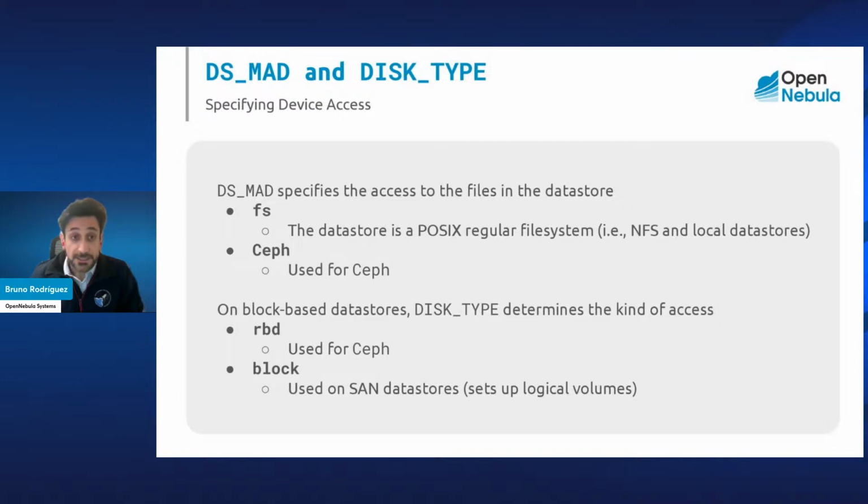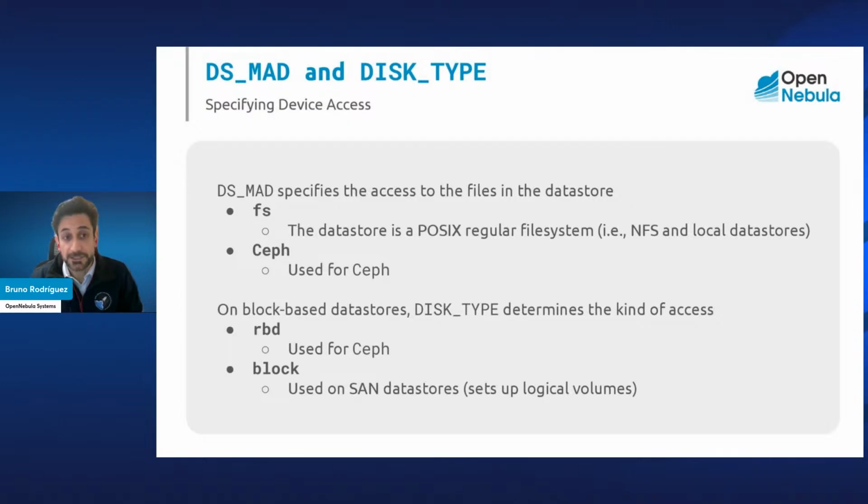The point is that we have different drivers for the data stores and for accessing what is in the data store. Regular POSIX file systems use the file system driver, and the Ceph driver is used for Ceph.